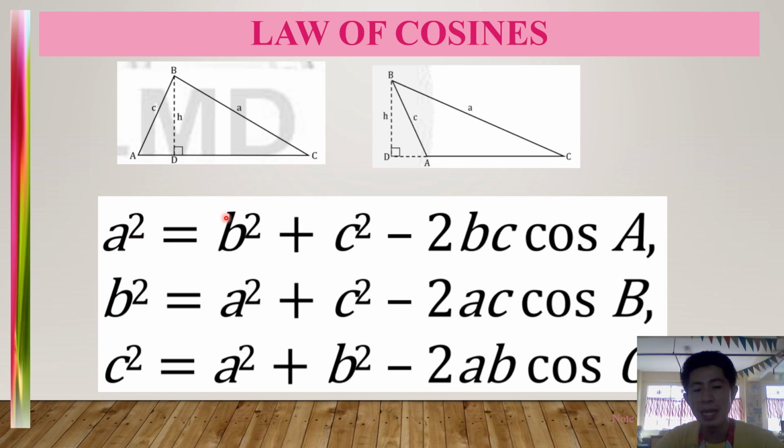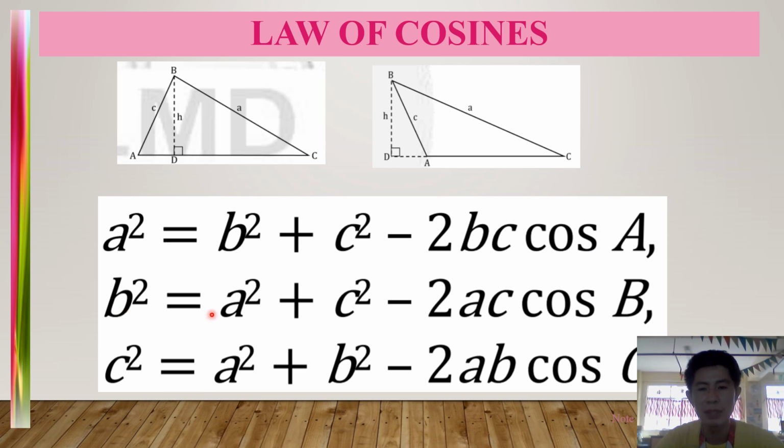Okay. So, depende sa given ang gagamitin nating formula. Ang first na titingnan nyo is kung ano yung mga given. Kung alin dyan sa tatlo yung pwede nating gamitin. Dapat dyan sa formula, isa lang dapat ang nawawala. For example, if a is missing, given yung b, given yung c, tsaka given yung angle A, ito yung gagamitin natin.